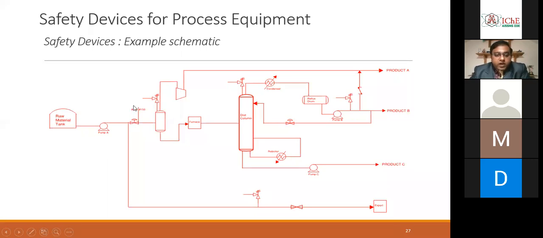If it fails open, this entire high pressure will be encountered here, which it is not designed for. So I have put this PSV here to protect against failure open of this control valve. So my downstream system is also protected from overpressure owing to the control valve failure through this PSV.